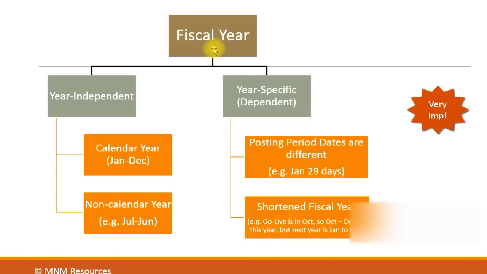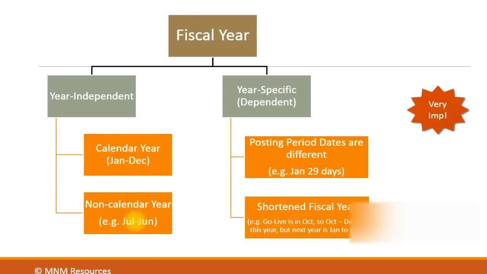The fiscal year variants can be two categories: year independent or year dependent. It's also called year specific. Let's look at the easy one, the year independent. If you have a standard calendar year reporting, which is from January to December, just like we saw for Germany, then it will be the calendar year variant.